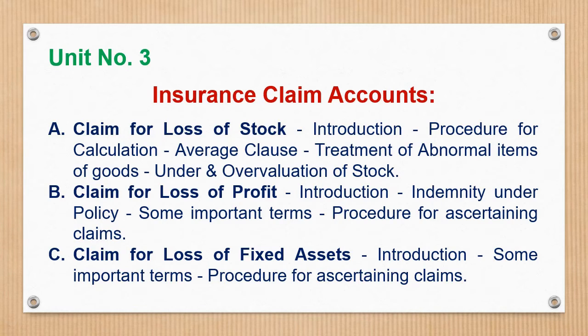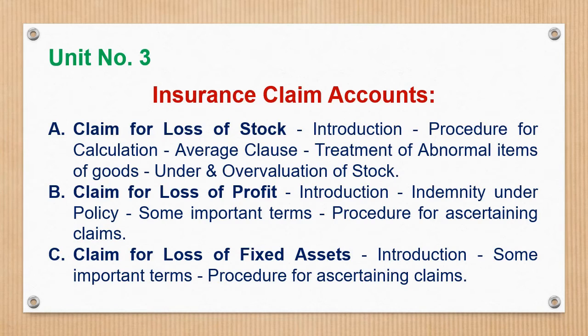Second part, claim for loss of profit, and in that also we see the introduction, indemnity under policy, some important items related to the loss of profit, and last, procedure for ascertaining claims. So this is part 2 and last part. This part is not practical, we only studied theoretical approach, claim for loss of fixed assets.